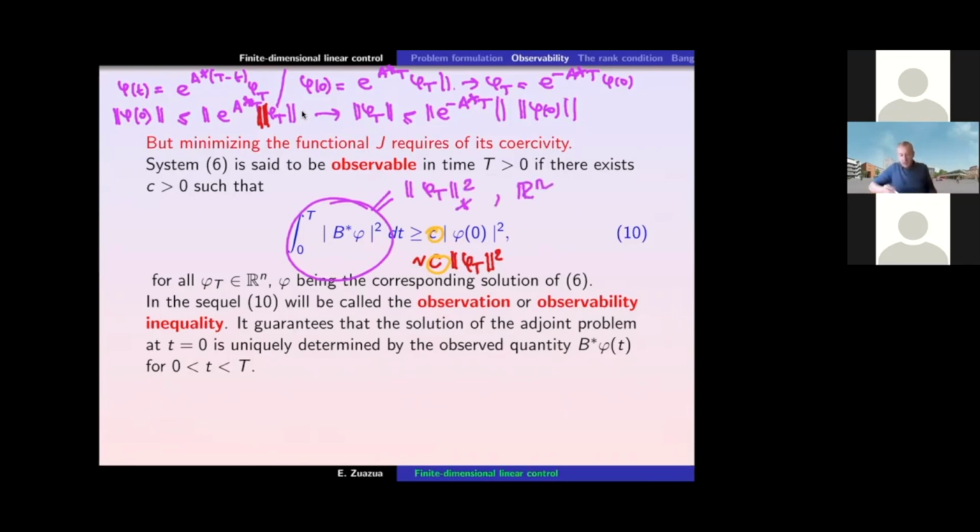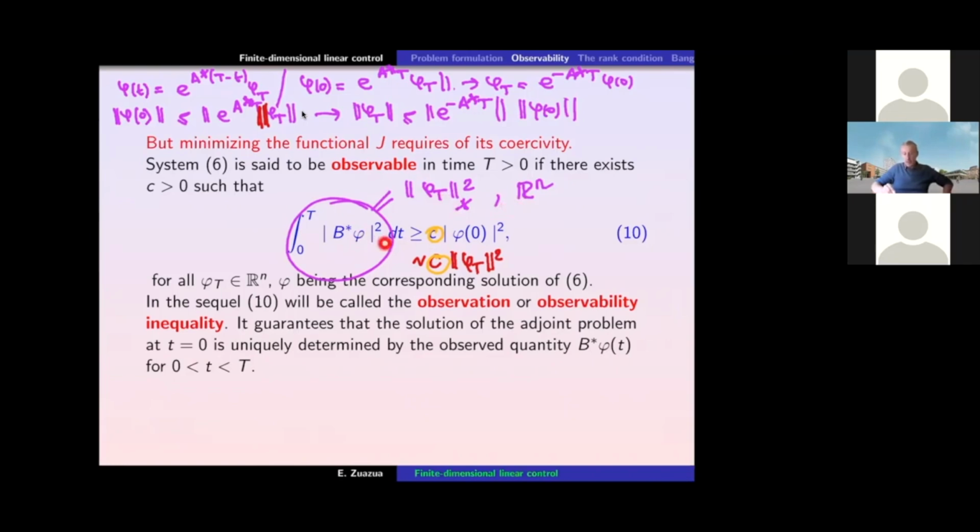Because the seminorm says, take phi t, and rather than computing like in the Euclidean space or typical norms, I'll just take some weighted square sum of the components and so on. So here we cook the norm in a very complicated manner. We say, I take phi t, I solve the adjoint system. Out of the adjoint system, I multiply by b star, right? And then I take the square, and then I integrate with respect to time.